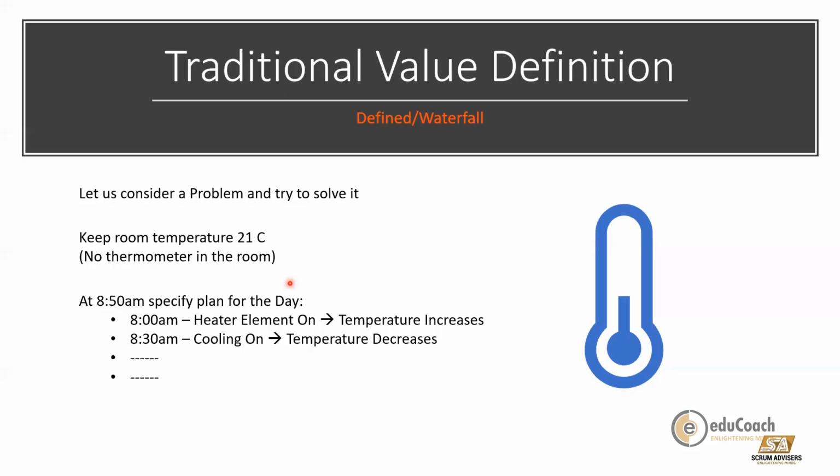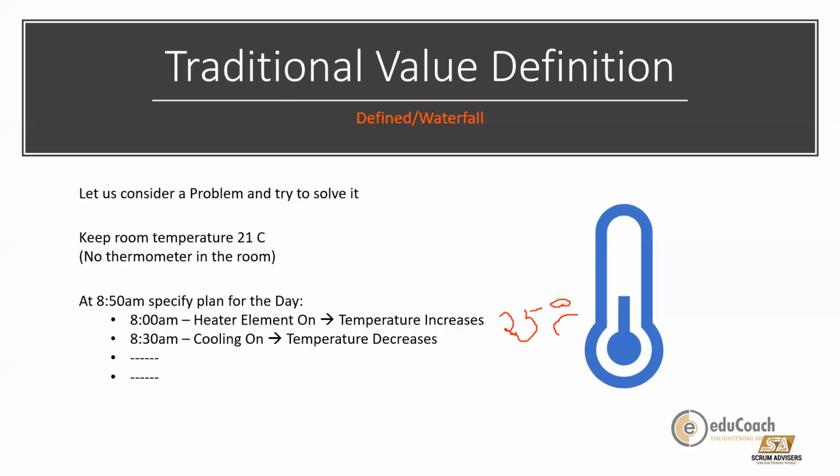So what we would probably do is a cyclic control. At 8 a.m., the heater element turns on, the temperature increases, and probably goes above 21 to 25 degrees centigrade. So let's mention it out here. The temperature increases and it goes to 25 degrees C.